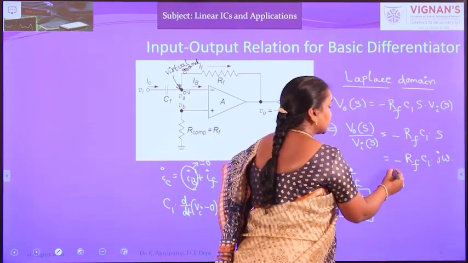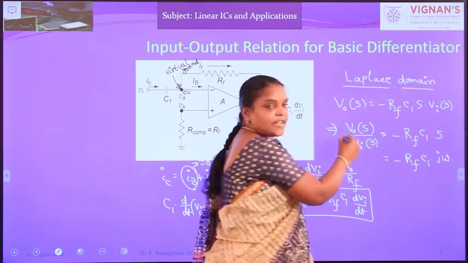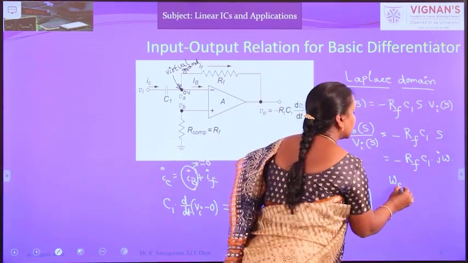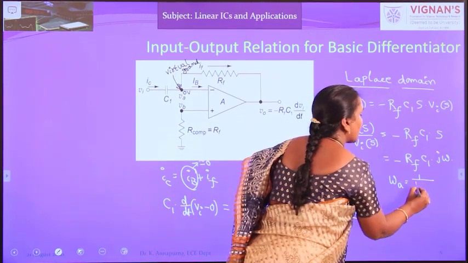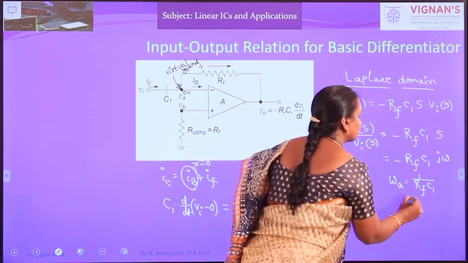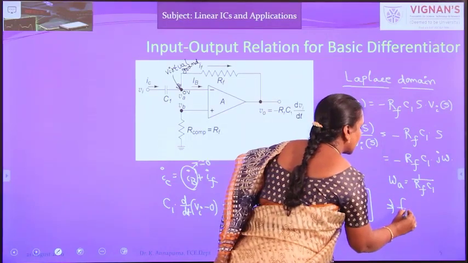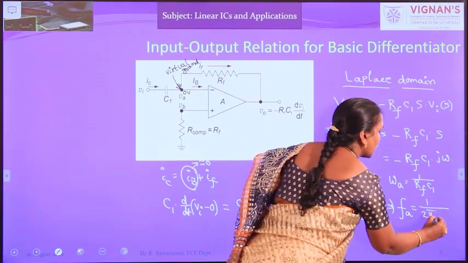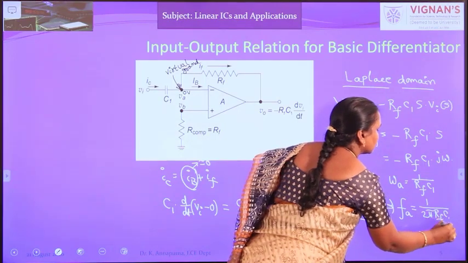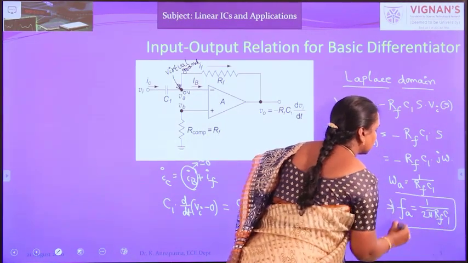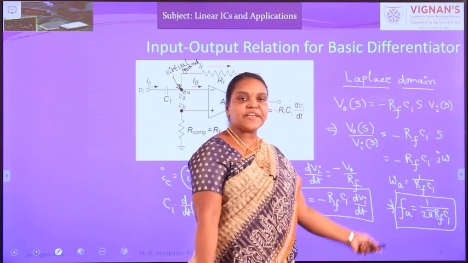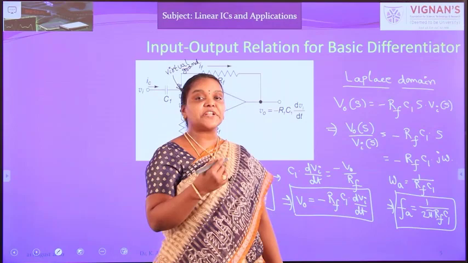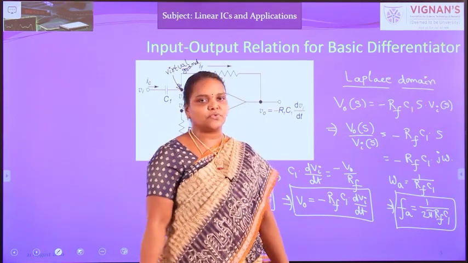So what is the frequency at which this gain becomes 1? That means omega a is equal to 1 by RF C1. This implies Fa is equal to 1 by 2 pi RF C1. So this Fa represents the maximum frequency of the input that can be differentiated by this differentiator circuit.